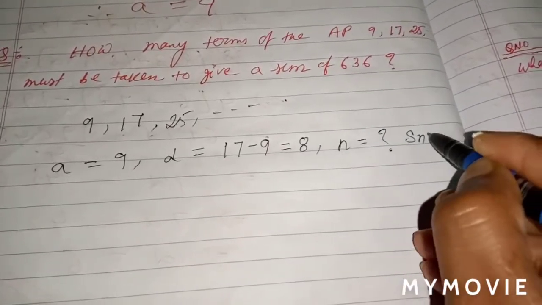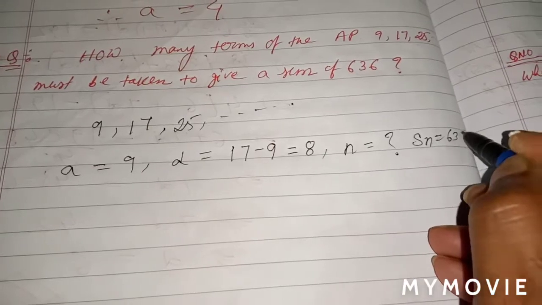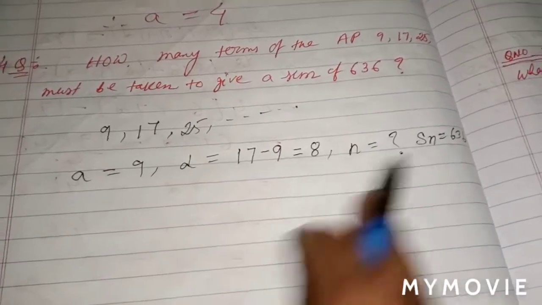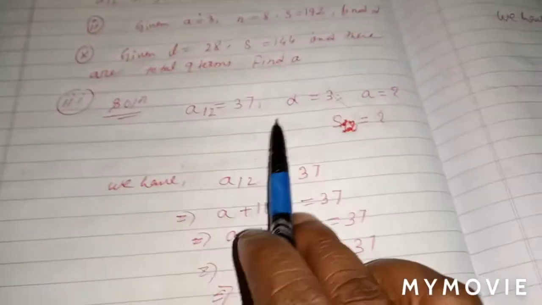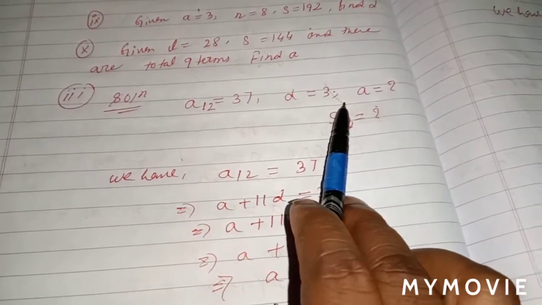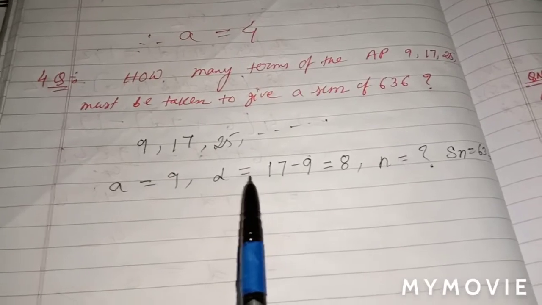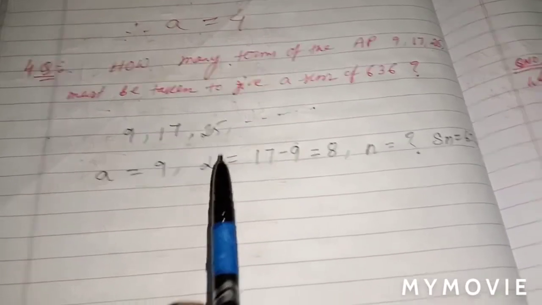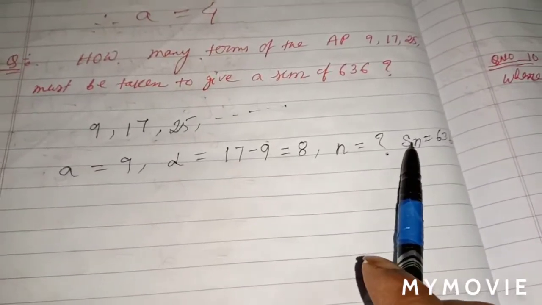And they have given Sn, 636. Now you see this one and that one are similar or not? This is only a word problem, but the same. So now you need to find N.